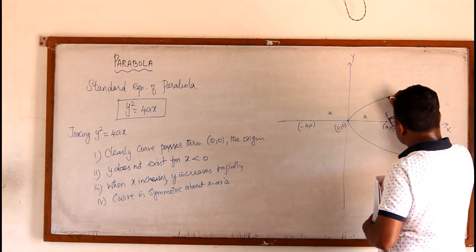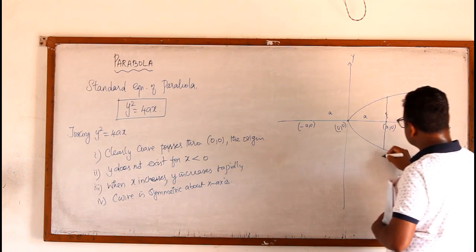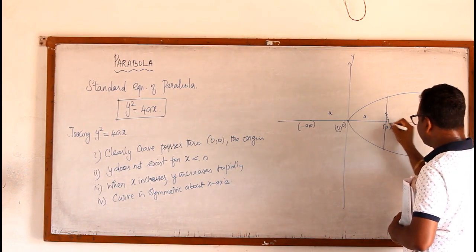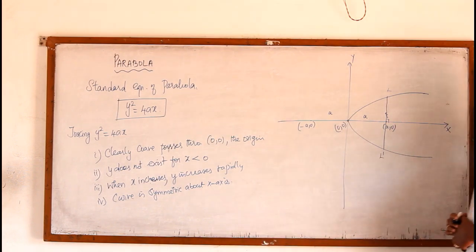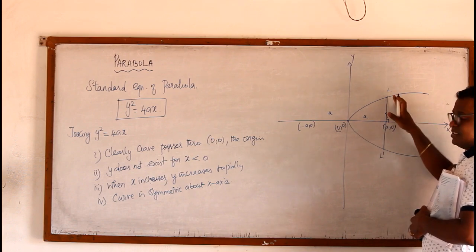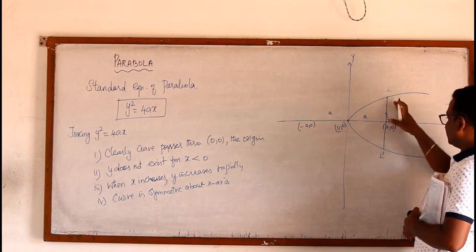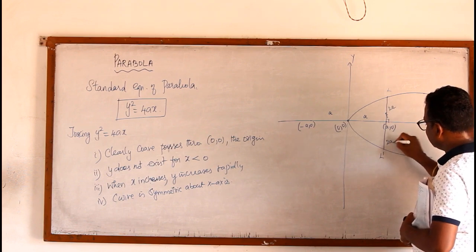Then if I draw a line through the focus perpendicular to the axis, this line is called the latus rectum. This axis divides the curve into two symmetrical parts, so this length will be 2a and this length will be 2a.